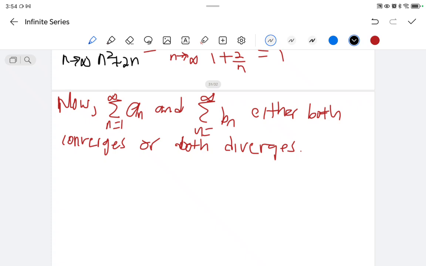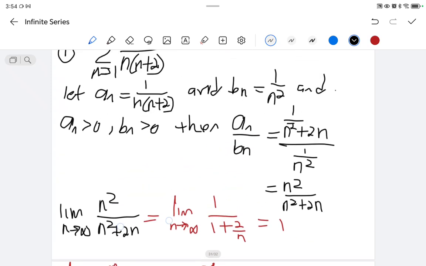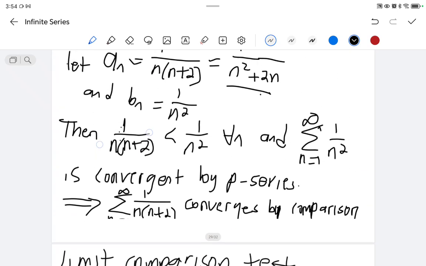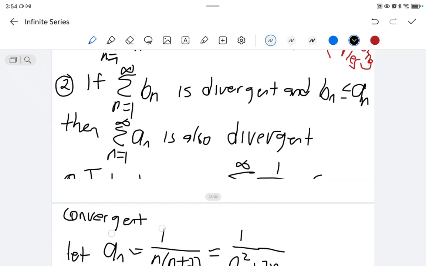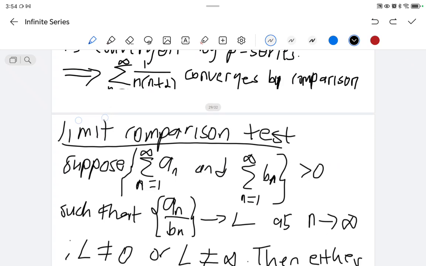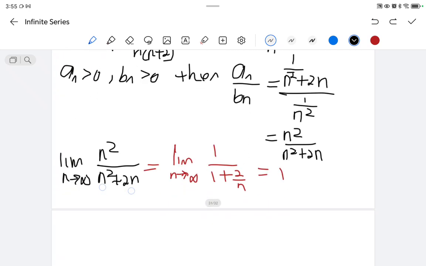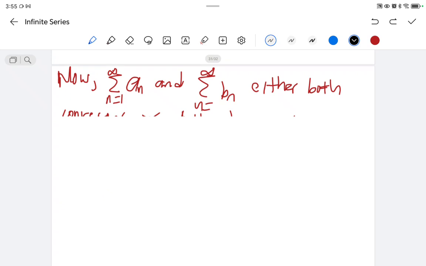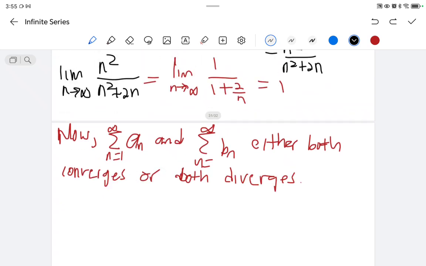The only way to check that is to go back to the comparison test. We check whether a of n is less than b of n. If that's the case, since b of n is greater than a of n, we check b of n.